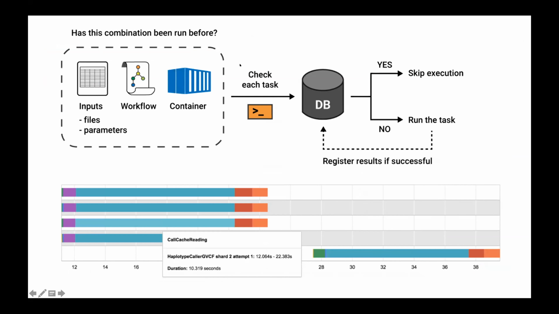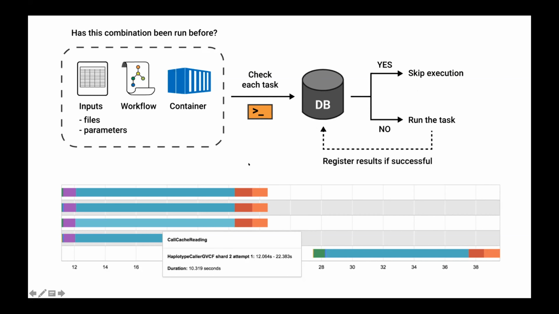So if you have that activated, every time you launch something, the system will check, have I run this combination of inputs before? It looks in the database. If yes, it'll skip the execution and just give you the output from the previous run. If it hasn't, then it'll actually run the task, register the results, and make the outputs available for future call caching.